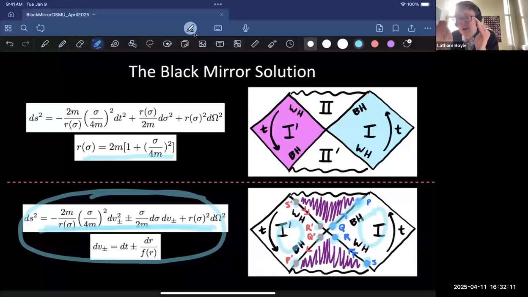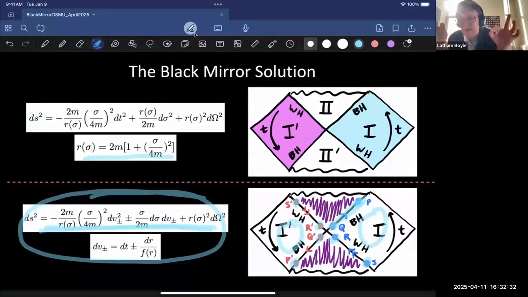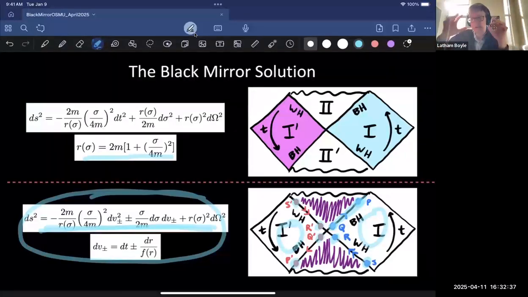if you calculate the total charge or the total mass or the total angular momentum integrating over the two exteriors, you get 0. Because of the way CPT changes the orientation between the two, because of the way the identification takes place between the two exteriors, you're identifying a point up here with a point down here.